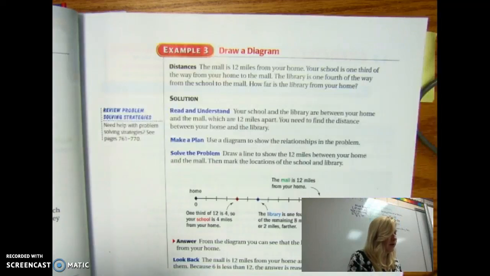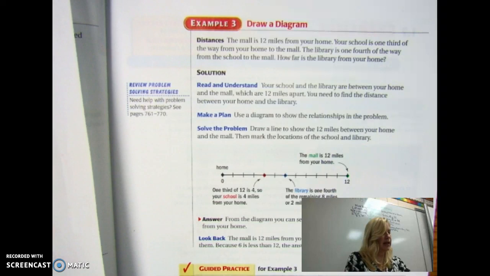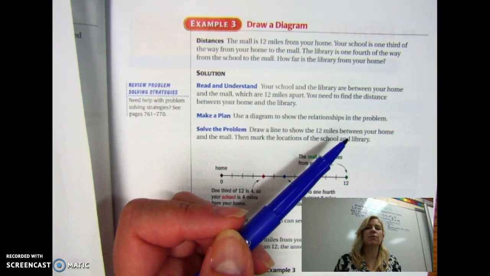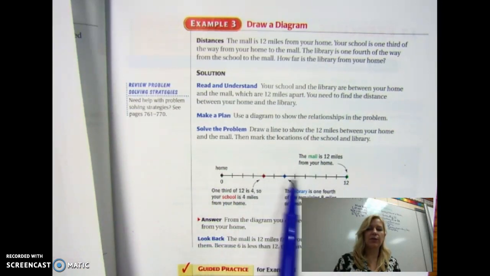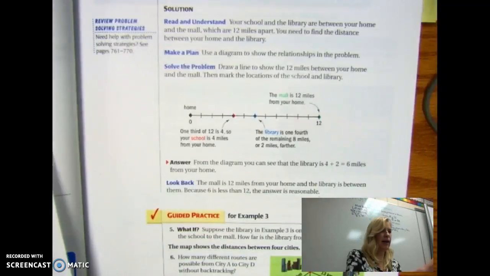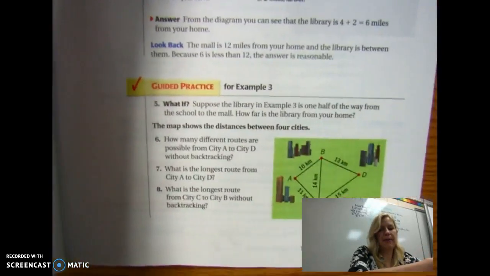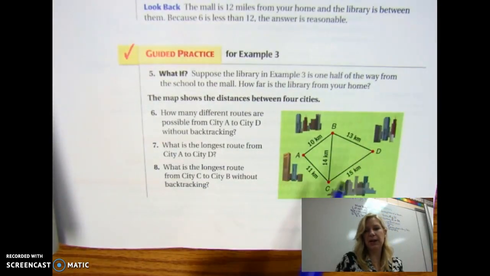I'm just going to point out one of my favorite strategies on here, which is drawing the diagram. I like to draw pictures. I have a picture brain. And so a lot of times, just as this question, and you can read through example number 3, it's not a difficult one, but it really helps to see these things on a number line right here, or if we look down here, to look at a map, as you see right here, and to really contemplate a picture.